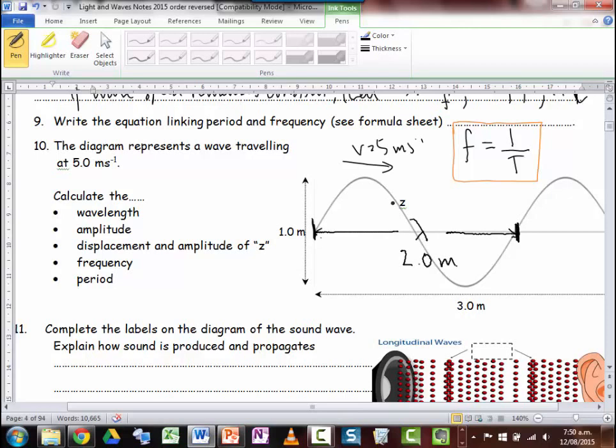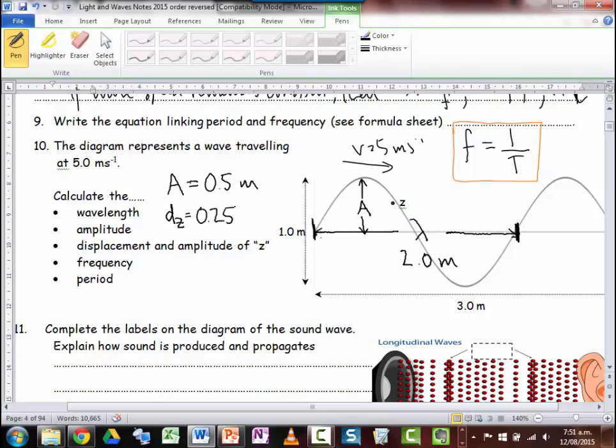The amplitude is the distance between the middle line and the top of a crest. So this is the amplitude. A is equal to half of 1, right? So that's 0.5 meters. The displacement and amplitude of Z: Z looks like it's displaced from equilibrium about halfway to the top. So displacement at Z is equal to 0.25.